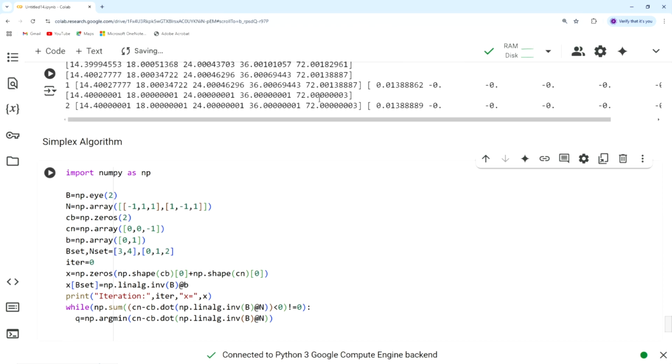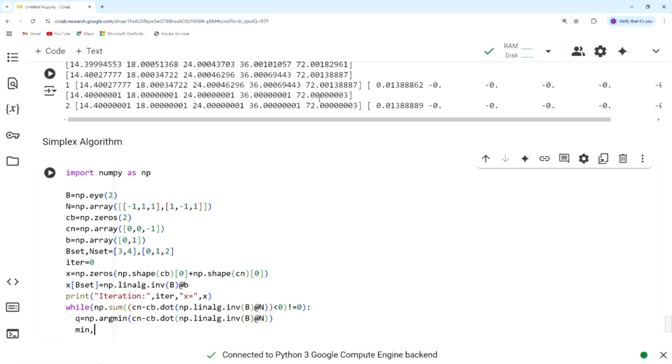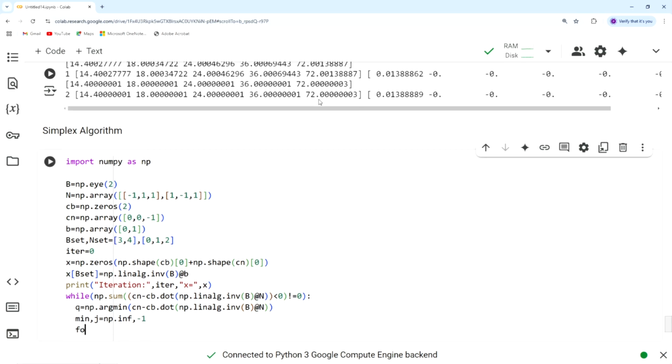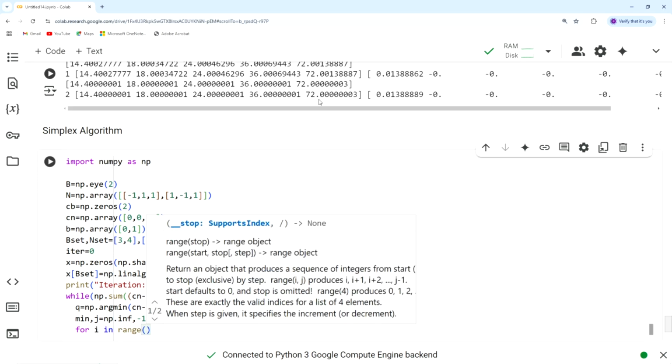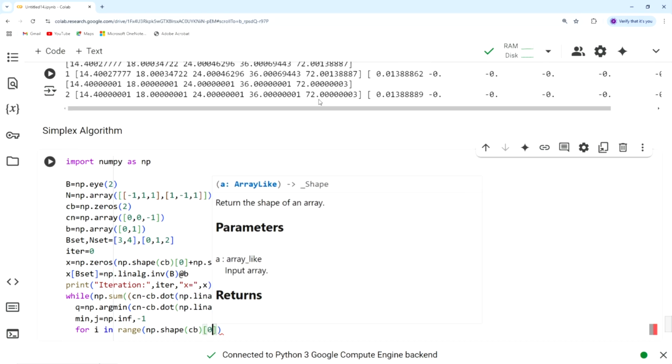So, I will do so by the following code. I will initialize min and j as follows. Min I will initialize as infinity and j I will initialize as -1. So, I have to do this for all values of i, right. So, this is the shape of Cb of 0.